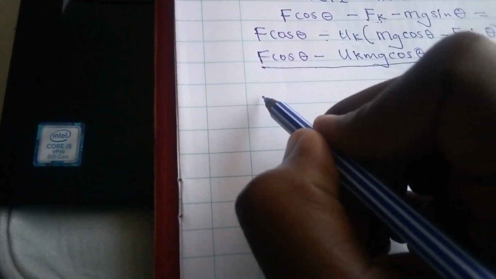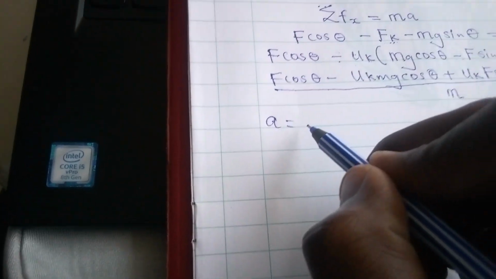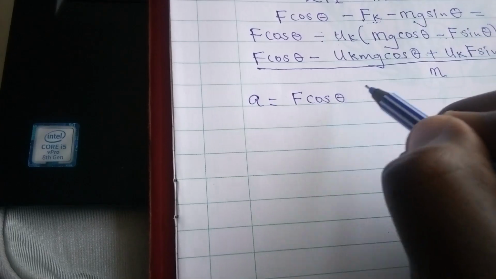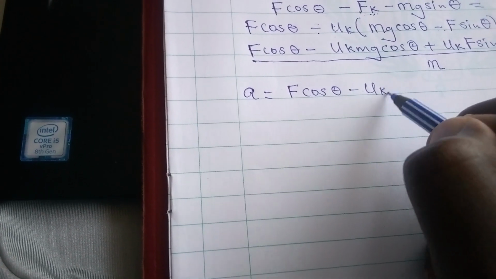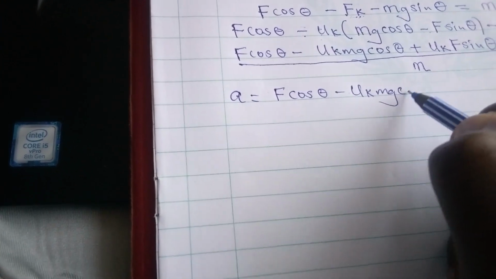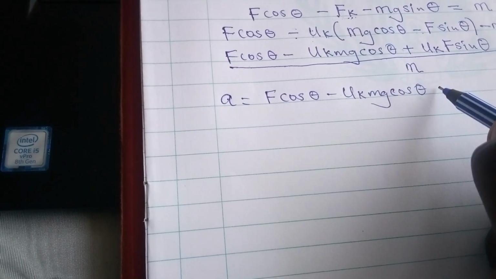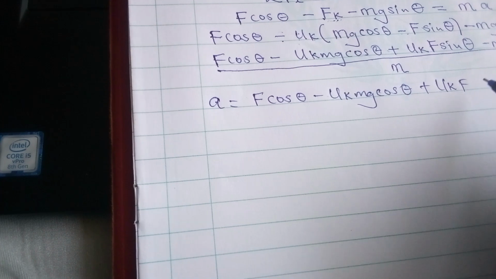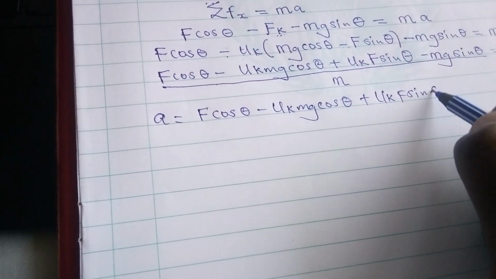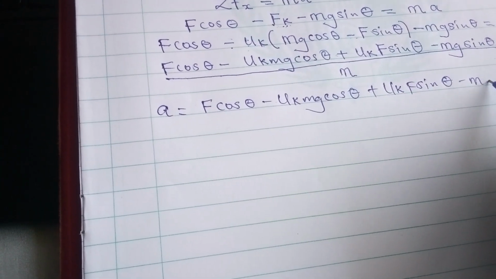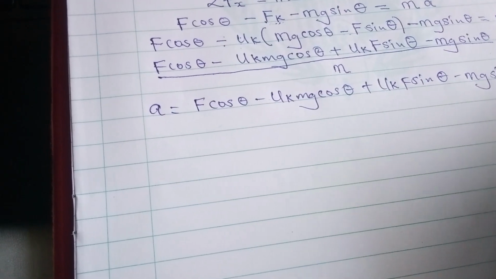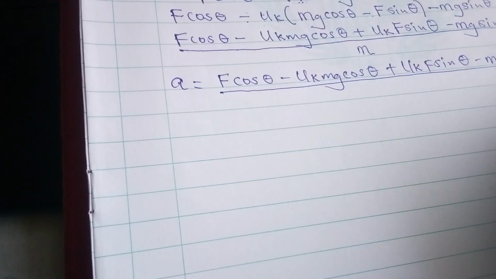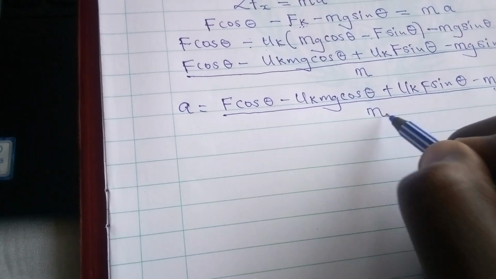You are going to remain with a equals F cos theta minus mu k mg cos theta plus mu k F sin theta minus mg sin theta, divided by the mass m.